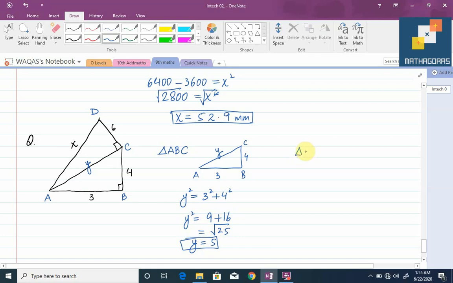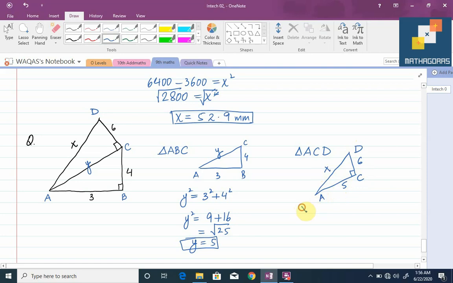If we plot the triangle ACD, that is a little bit tilted, ACD. The length of CD is known, that is 6. The length of AC, y, is now known, that is 5. We are looking for x.